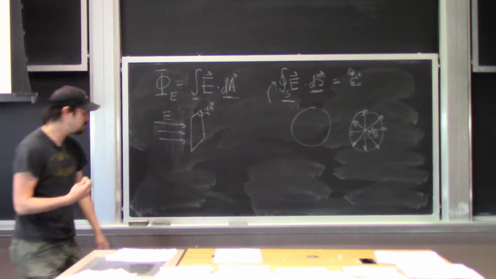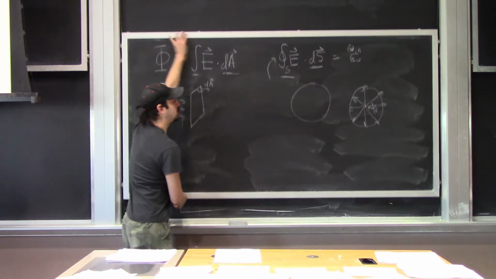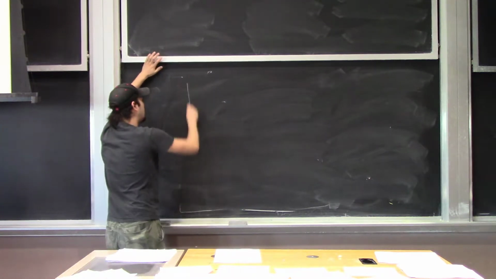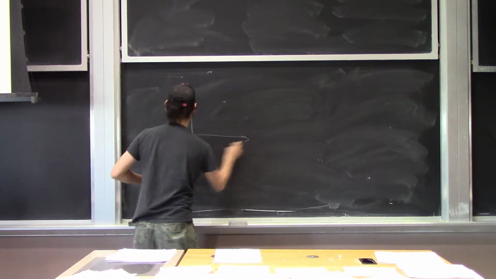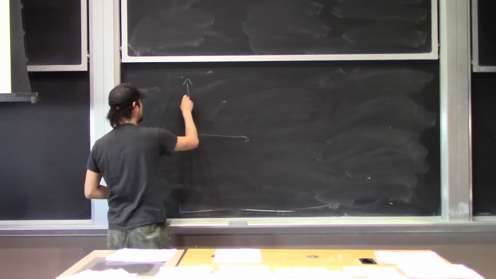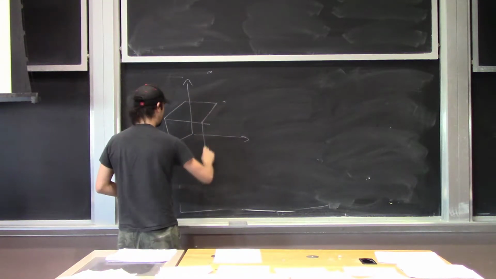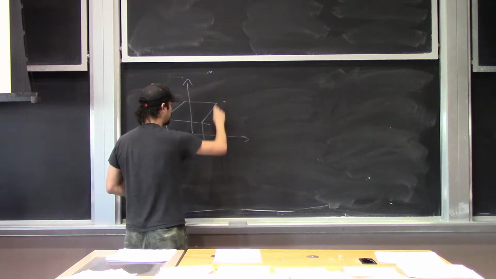Okay, so this leads us into the calculation that I had you do for class today, and that was to find what the charge was inside some cube given some electric field.